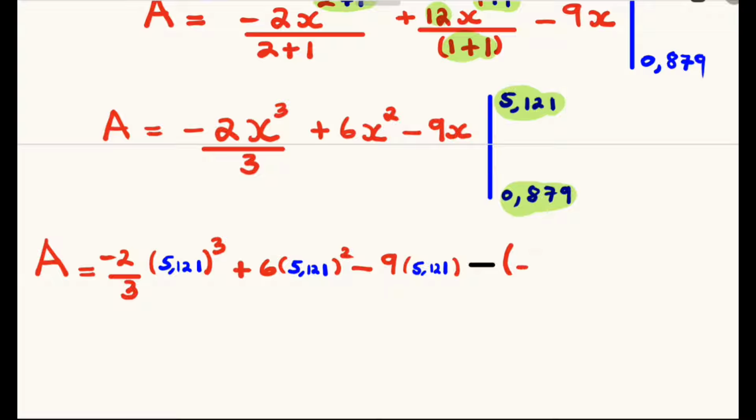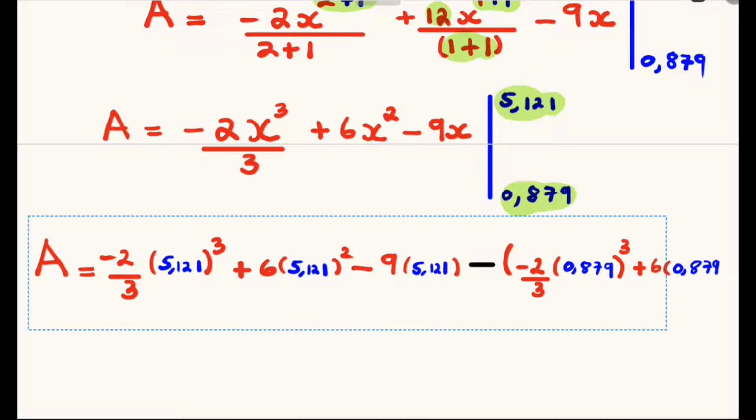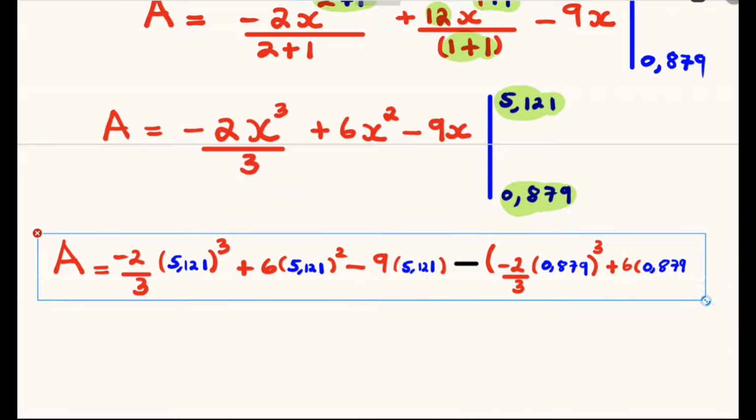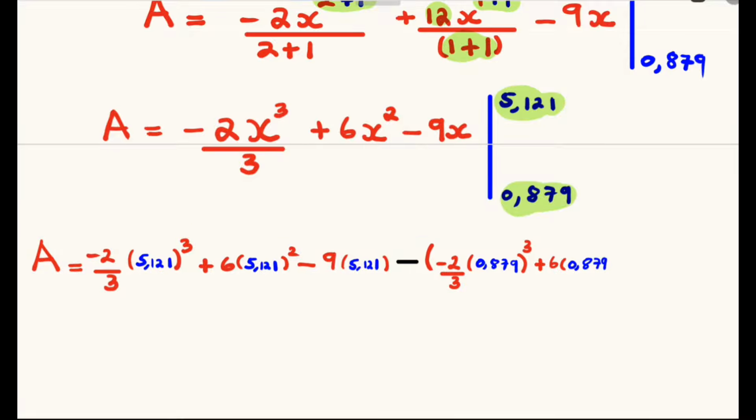We have the negative 2 divided by 3 times 0.879 raised to the power 3, plus 6 multiplied by 0.879 in the place of the x, and this will be squared, minus 9 multiplied by 0.879.